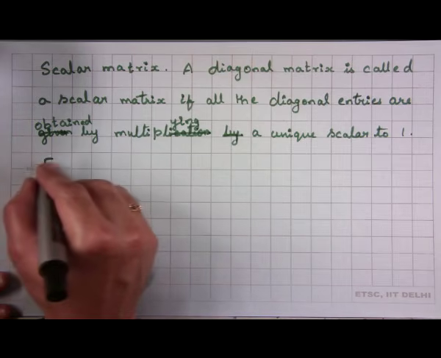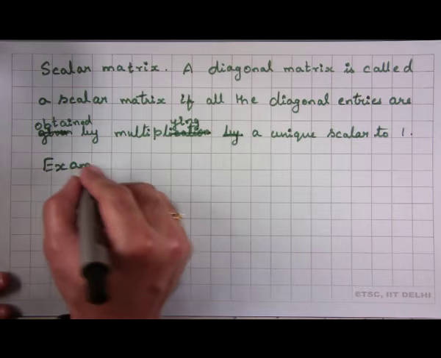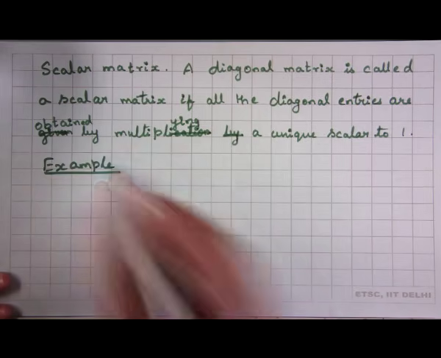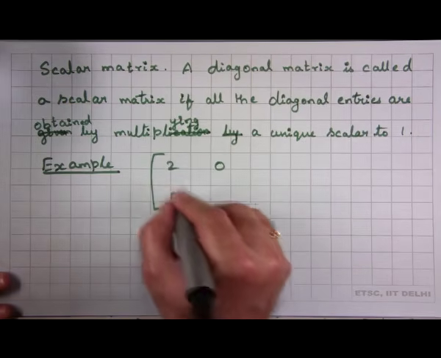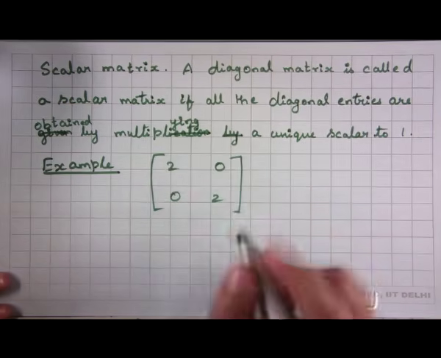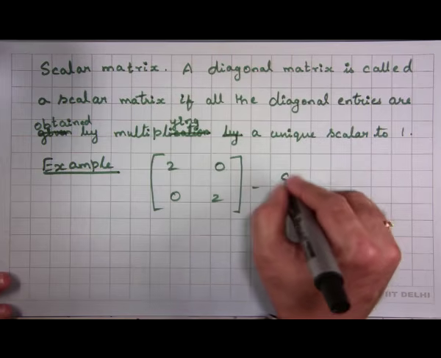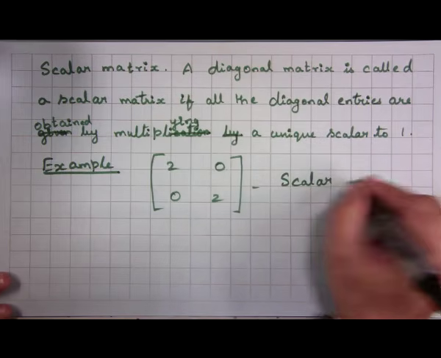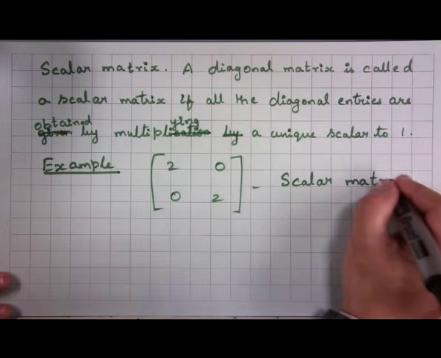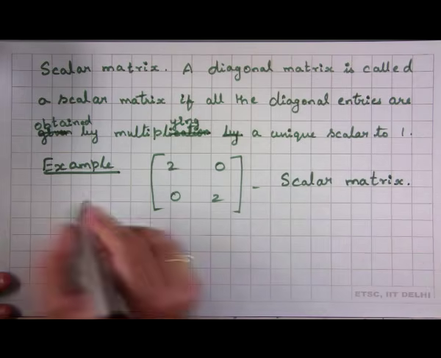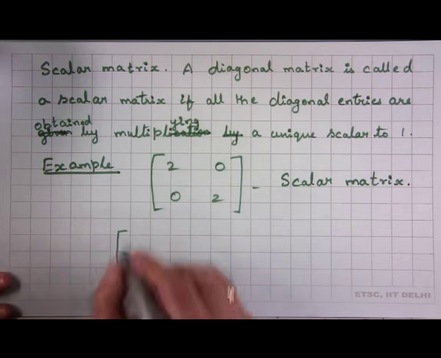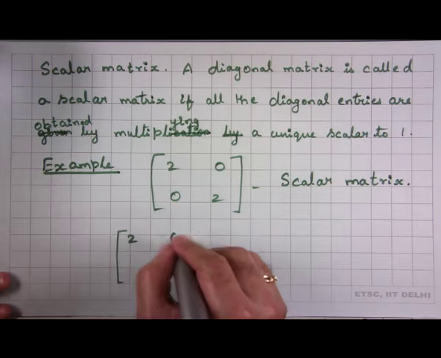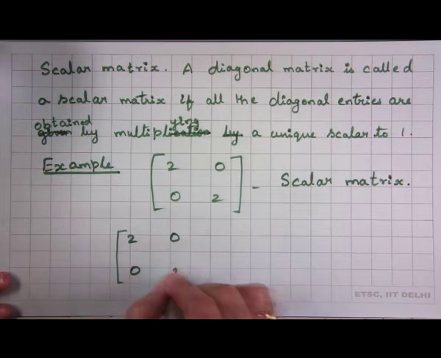So, let us look at an example. 2, 0, 0, 2. So, this is an example for a scalar matrix. Second one, 2, 0, 0, 2, 0, 0.